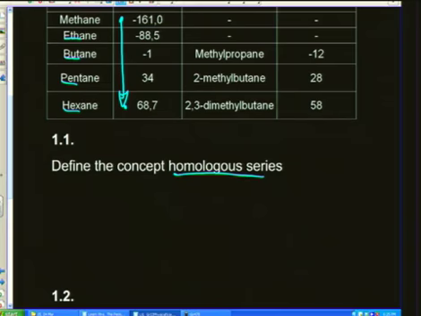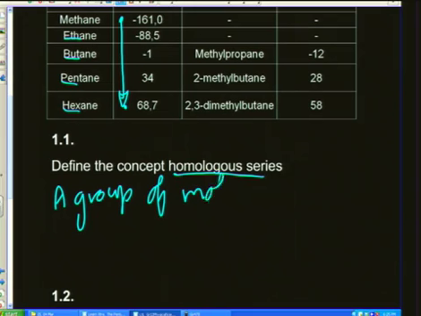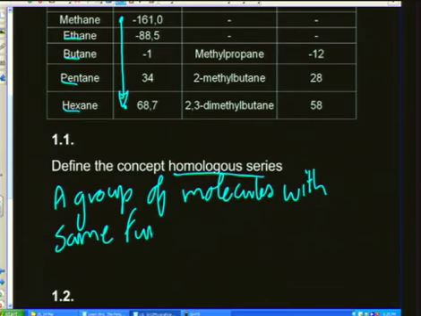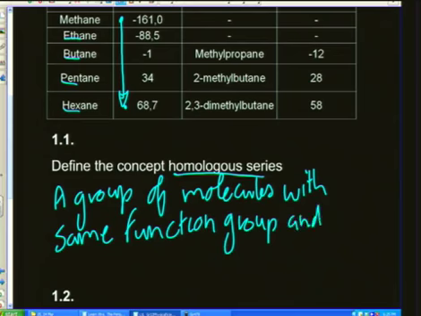It's like a family, but the accurate definition is it's a group of molecules with the same functional group and a general formula.